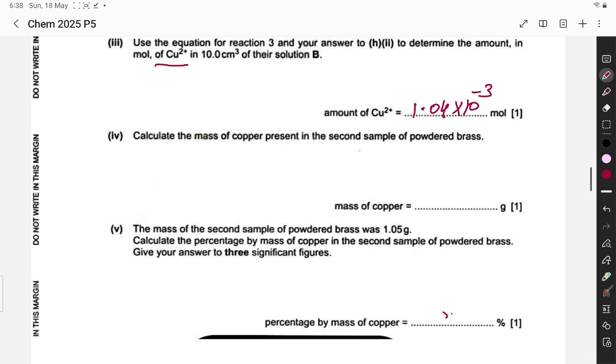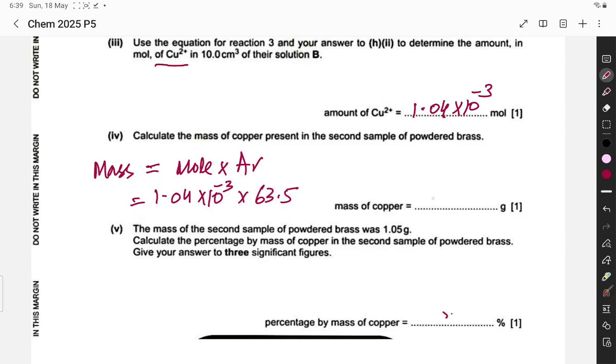Calculate the mass of copper present in the second sample of powdered brass. Mass is equal to mole times Ar. 1.04 × 10^-3 times 63.5. So this is 0.661.